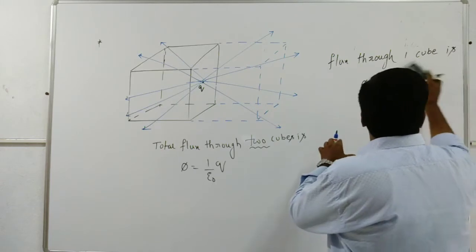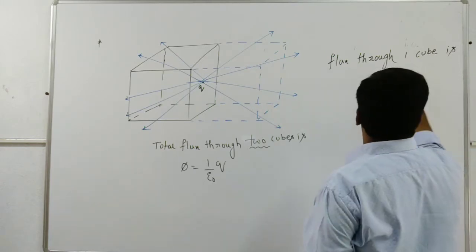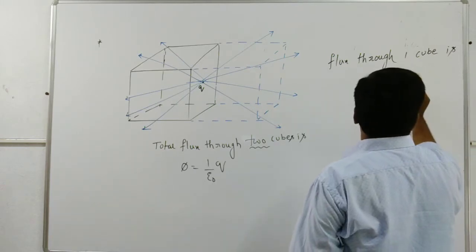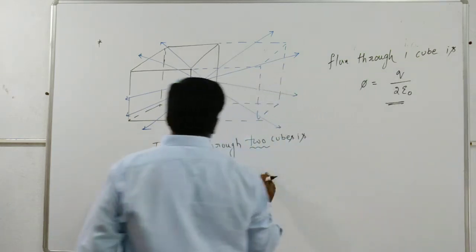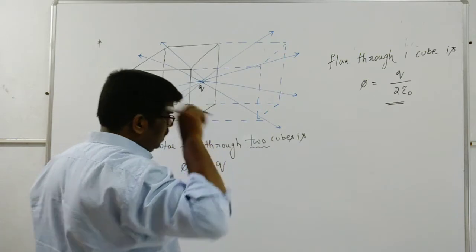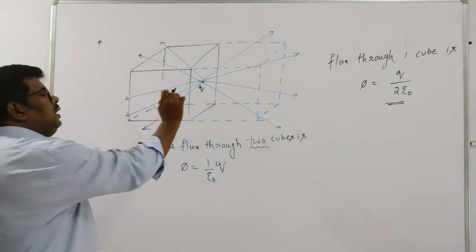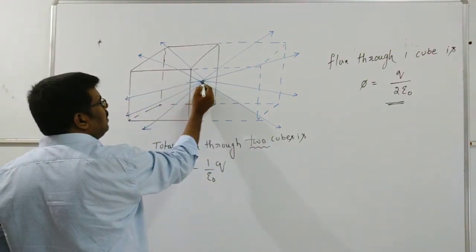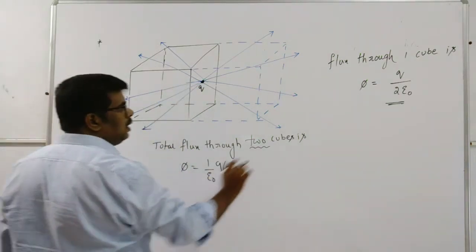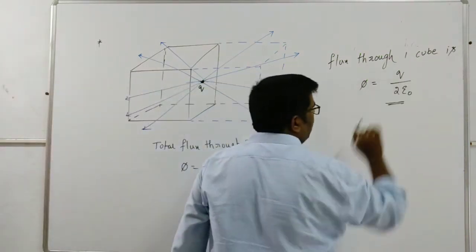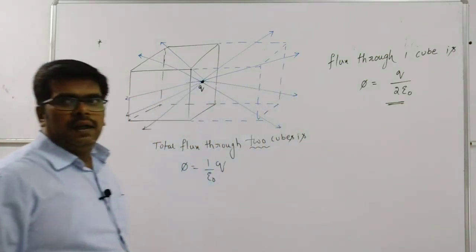Otherwise you can write half of this, that is q by 2 epsilon naught. So this is the flux through one cube. If the charge is located at one face of the cube, the total flux through the cube is nothing but half of q by epsilon naught.